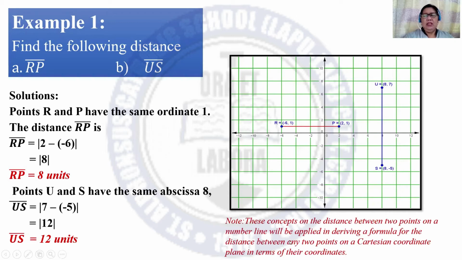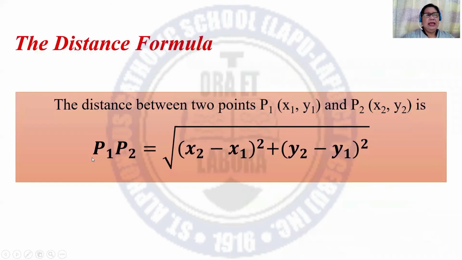Take note, these concepts on the distance between 2 points on a number line will be applied in deriving a formula for the distance between any 2 points on a Cartesian coordinate plane in terms of their coordinates. So, let us have the distance formula now.